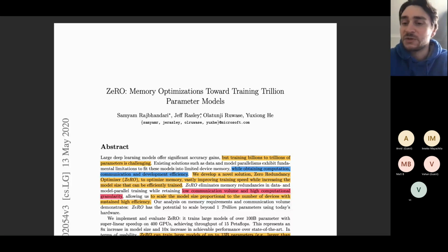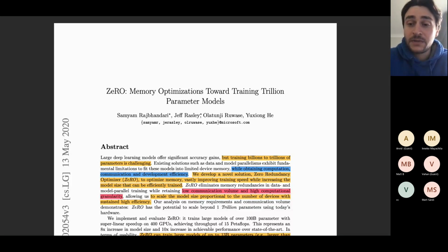Another way of thinking about it is in terms of batches. The larger a batch is, the larger the amount of floating point operations you need to perform per second. And the larger the model is, also the larger number of floating point operations you need to perform an iteration.